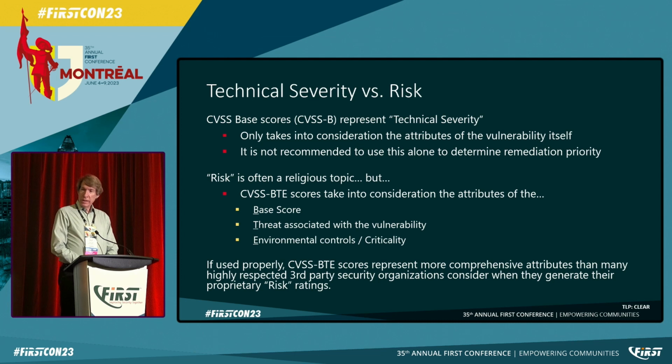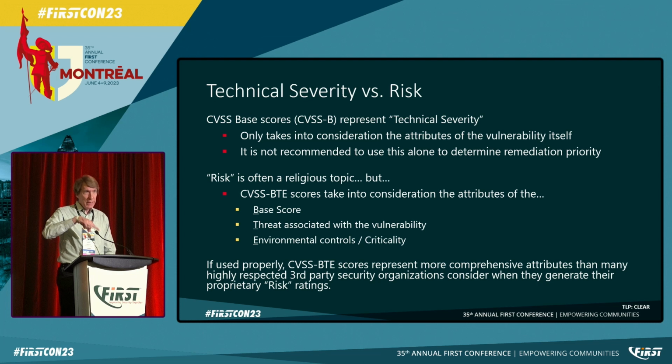One of the other things that we're really stressing, and we stress every year, is that CVSS base score is not a risk measurement. There are technical severity attributes, but then there's also threat and environmental. Consider it three legs of a stool. I'm an evil vendor, by the way, so what I know about the vulnerability is the technical severity; what you know about the threat landscape is it's being actively exploited, and it's on your critical infrastructure.